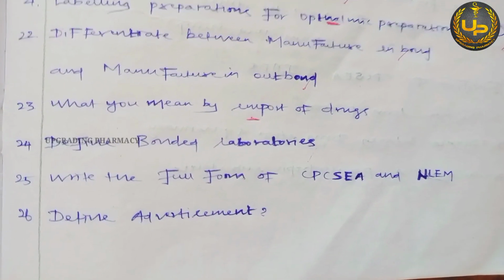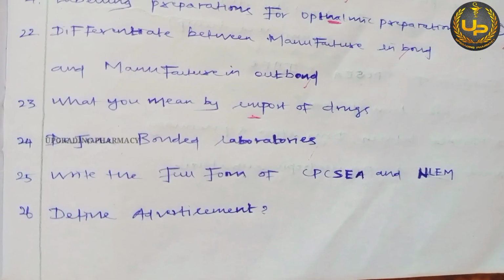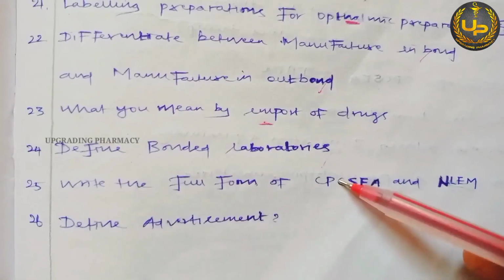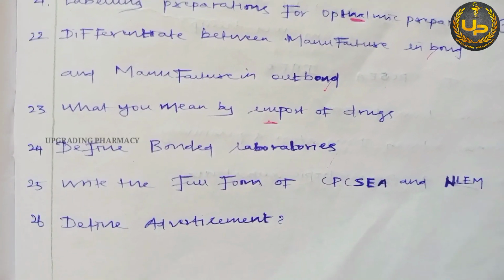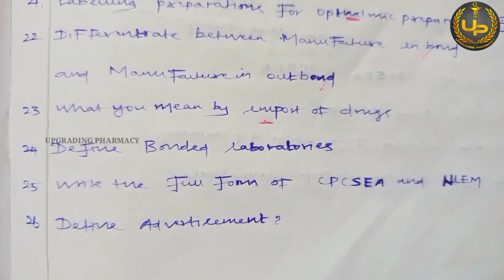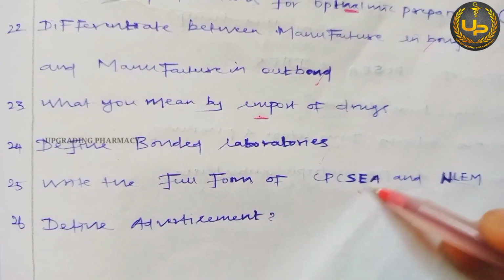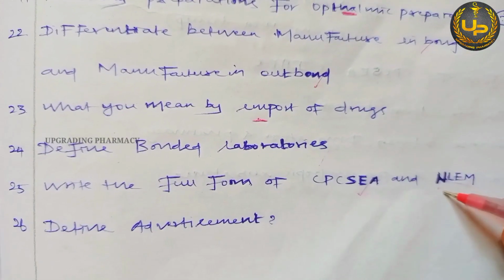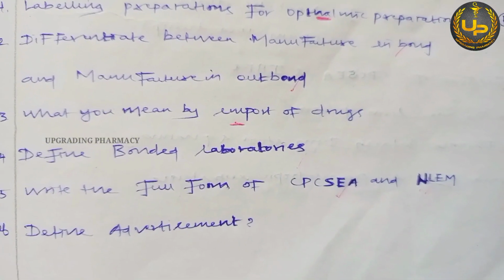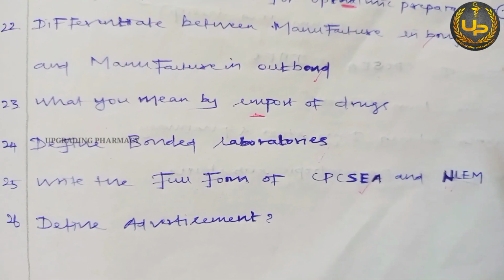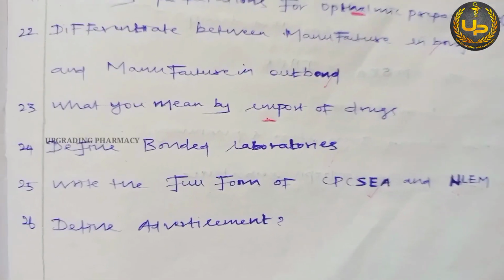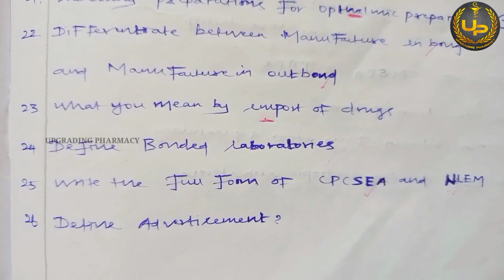Write the full form of CPCSEA and NLEM. CPCSEA is the Committee for the Purpose of Control and Supervision of Experimental Animals, which comes under the Animal Ethics Committee. NLEM is the National List of Essential Medicines.